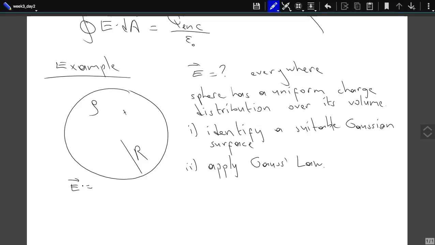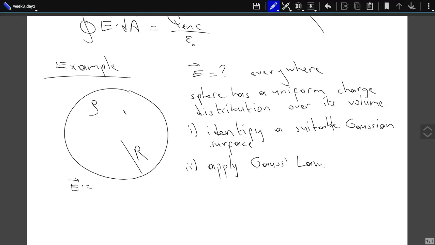So the electric field should also have the same property. Because as I'm rotating the charge distribution, I should also be rotating the electric field created by the charge distribution at the same time. So if the charge distribution doesn't change as I rotate my charges, the electric field also cannot change.